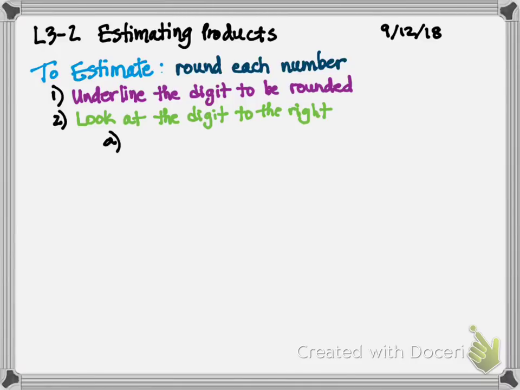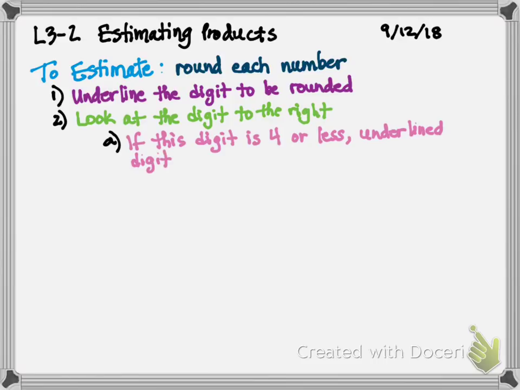If this digit, and remember we were talking about from the homework the other night, when you hear this, it's referring to what was stated prior, just above this statement. So if this digit is 4 or less, the underlined digit stays the same.